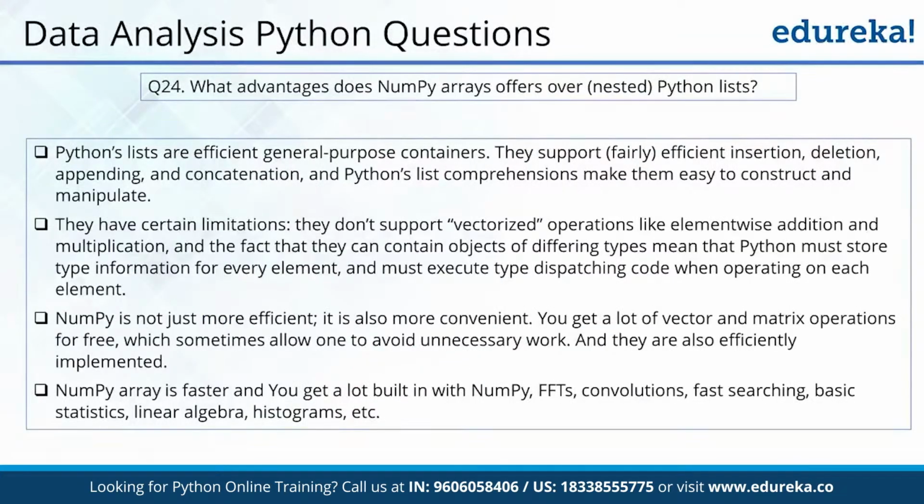So this is a question which you asked, Roma. What are the differences between NumPy and lists? It is much more efficient because all the structures have been written in C. With Python you have vector and matrix operations for free. So basically something like this.